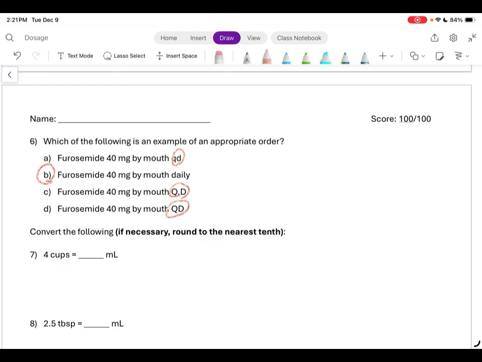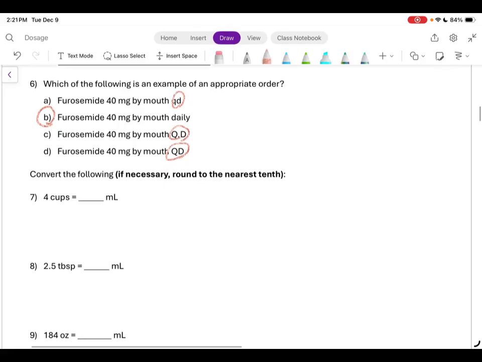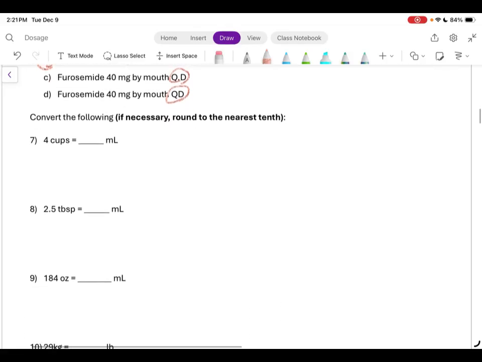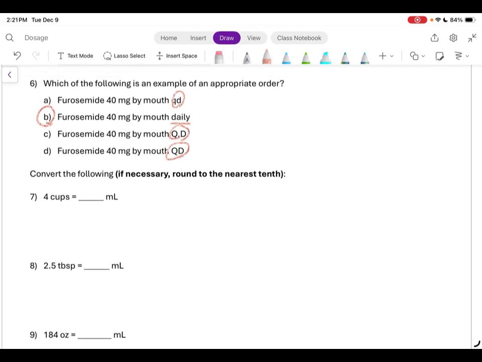They don't want us to use it because I guess it's confusing. So technically, we're supposed to write daily. I'm not sure how many people actually do that. QD, I think, is still used a lot. So anyway, daily is what I'm looking for. So on the test, I might even change the name of the med or change the dosage. Like, it doesn't matter. You're looking for daily. Okay?